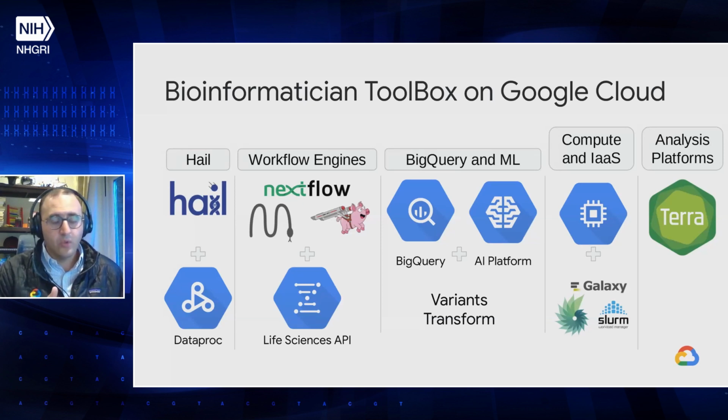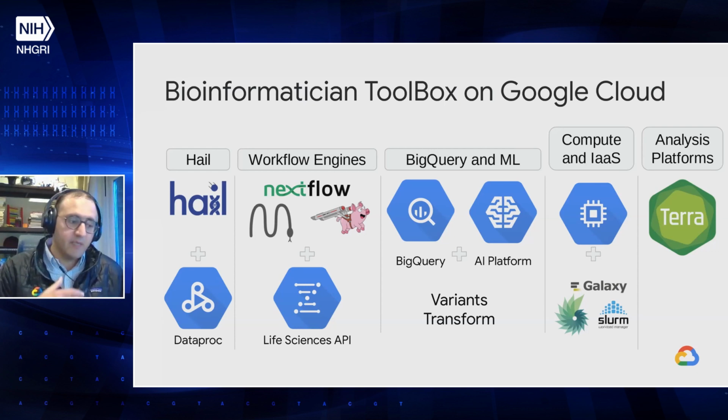Finally, the raw compute. And sometimes this is really all you need. Sometimes all you need is simply access to compute and storage and networking to actually run your Slurm cluster or run Galaxy or run any of the other analysis tools that you want to run.